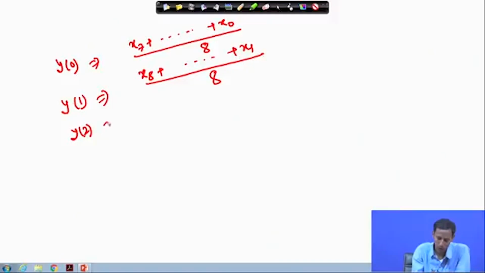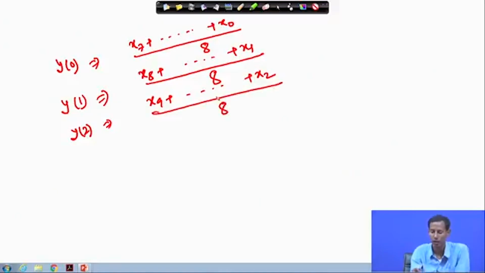So, y2 will be what? It will be x9 up to x2 divided by 8. That means, one by one, the old samples will vanish, and the newer samples will be collected in the averaging circuit for averaging, where the samples are coming serially to the circuit, and the values of the incoming samples are changing dynamically.